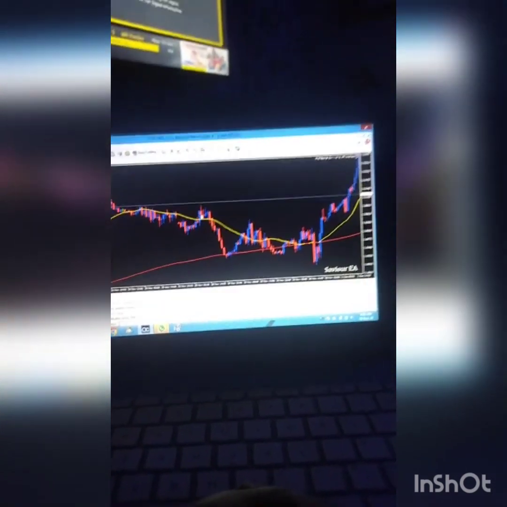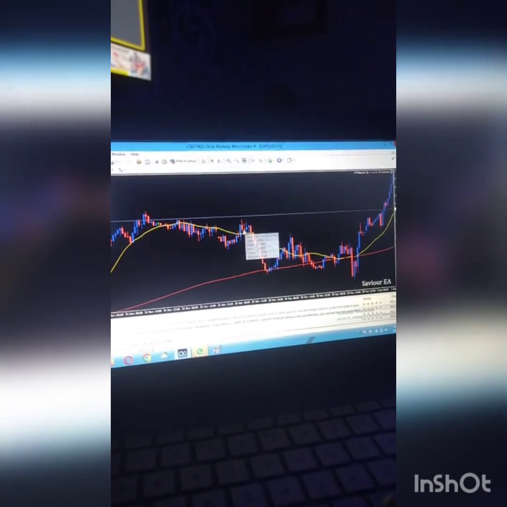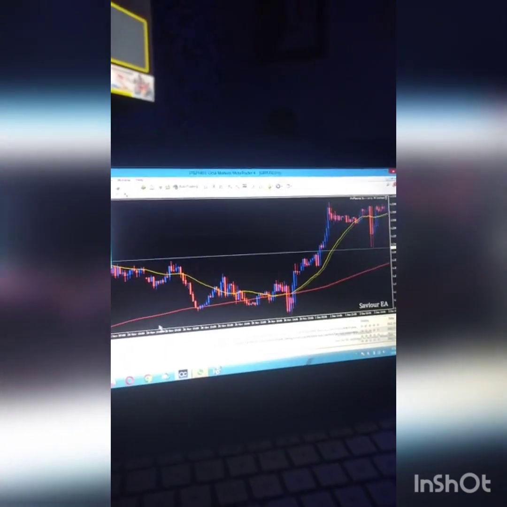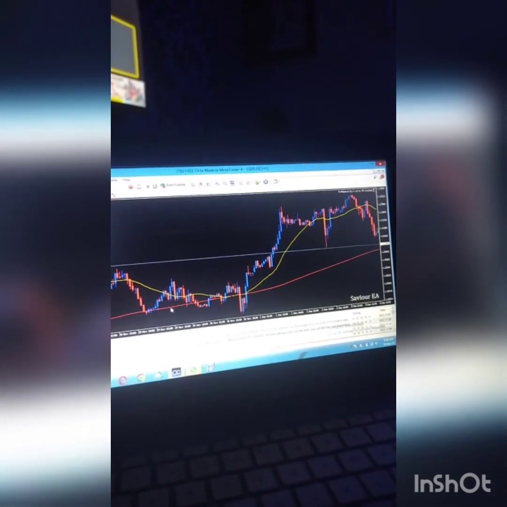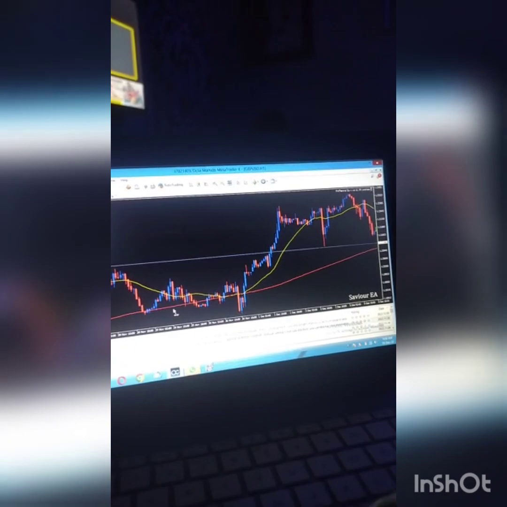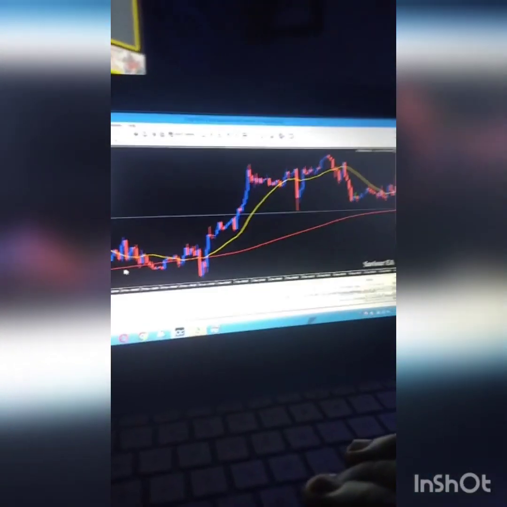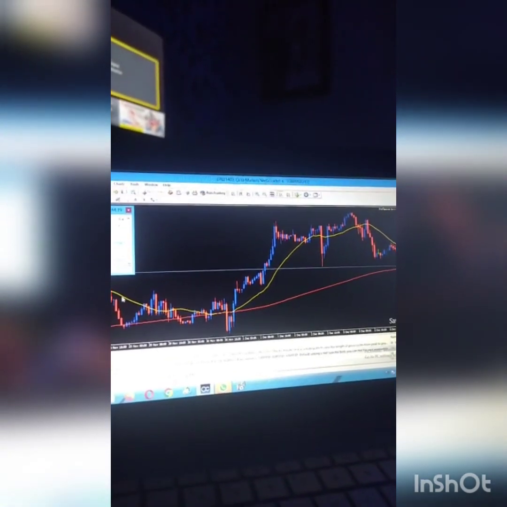So you can see that at this point, red didn't actually take green out. But let's come to the point where they are all together. They are all together, not far from each other.